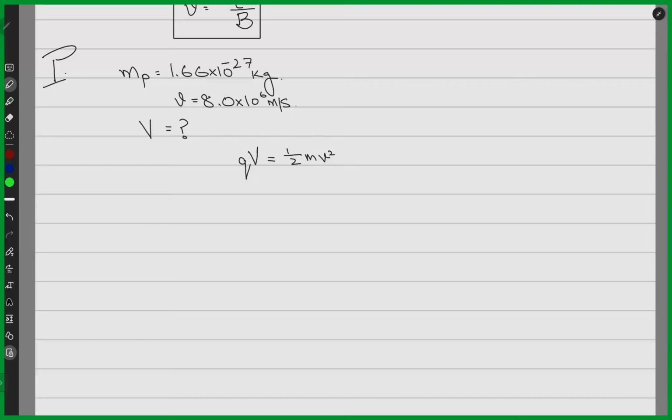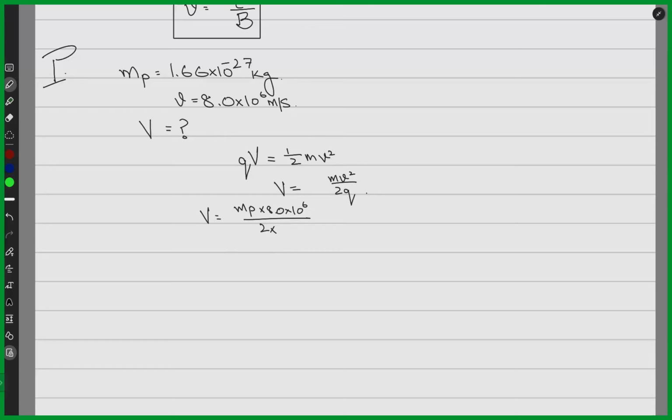Now you can easily rearrange this equation as V is equal to mv squared by 2q, right? And now it's just a matter of putting in the values. The mass of the proton times the velocity, which is 8.0 into 10 raised to power 6, squared, divided by 2 times the charge of a proton.